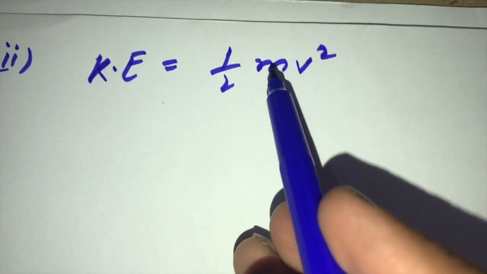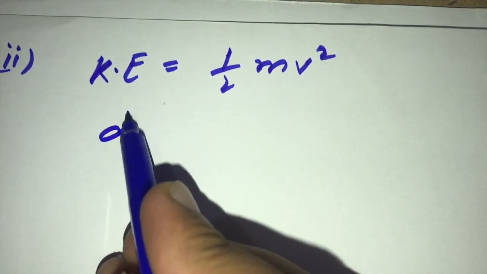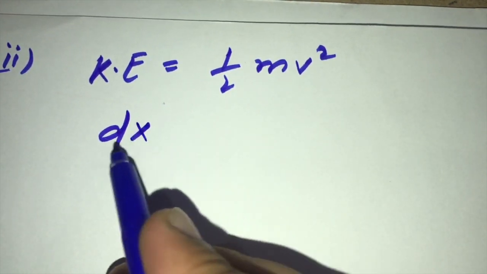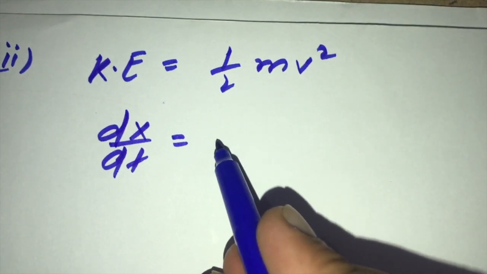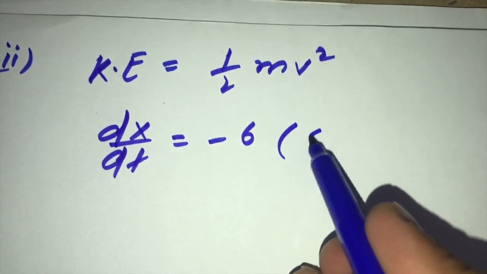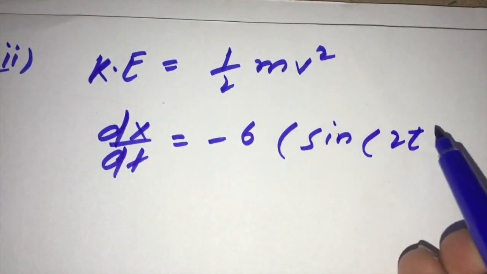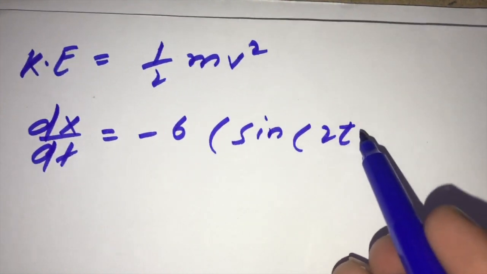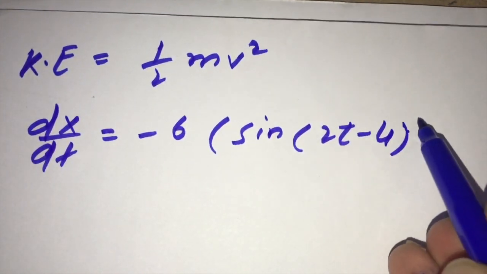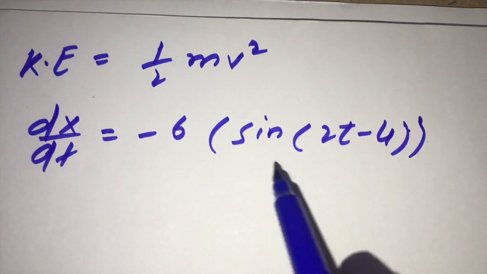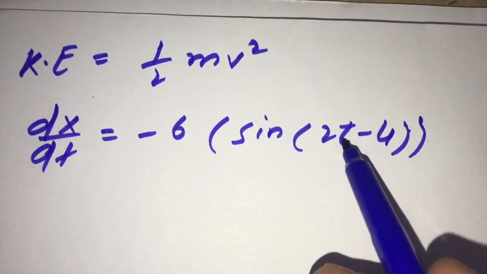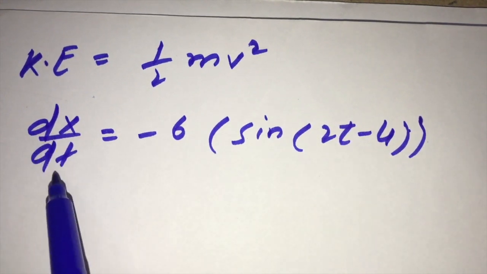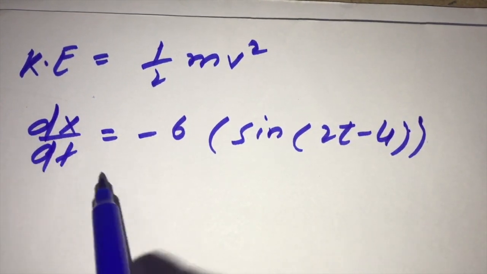As we found the velocity from this relation, dx by dt is equal to minus 6 into sine of 2t minus 4. Put t is equal to 2 seconds here and find dx by dt, which is equal to the velocity.